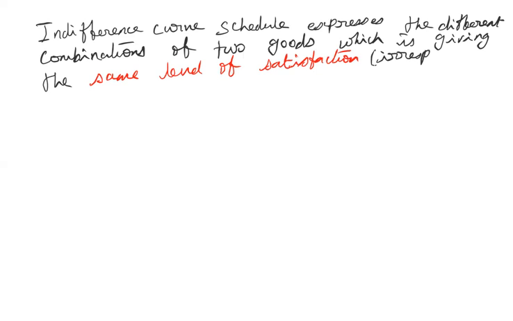It is not necessary 15 Barbie dolls and 15 comic books. So it should not necessarily be equal. So the quantities of each and every commodity X and Y might differ.